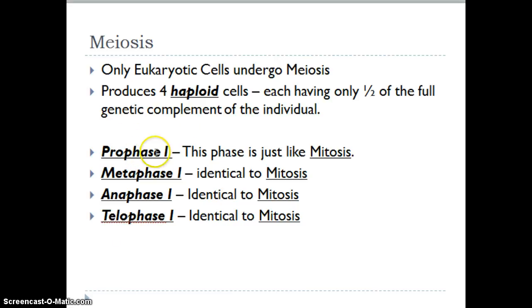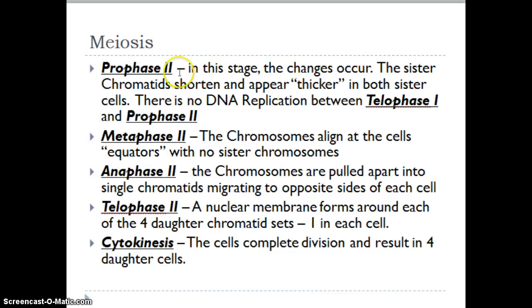And so this prophase is like the prophase 2 is where the chromosomes will appear thicker and they will form, and you'll be able to see them just like you would in mitosis. But in meiosis, there's only one of the chromosomes and one of the chromosome pairs.